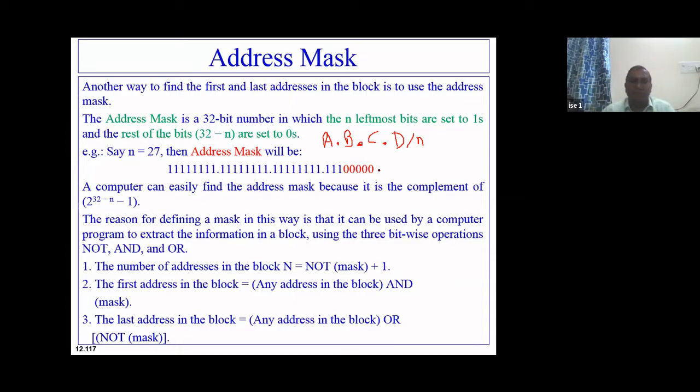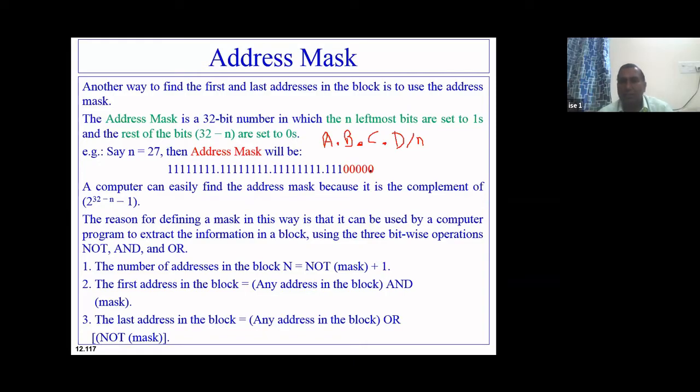So the formula for the number of addresses in the block n is given as not mask plus 1. Am I clear over here? Not mask plus 1. So if I take not of this mask, this all will become zeros and this all will become 1, 1, 1, 1, 1, 1. So plus 1, plus binary digit 1.